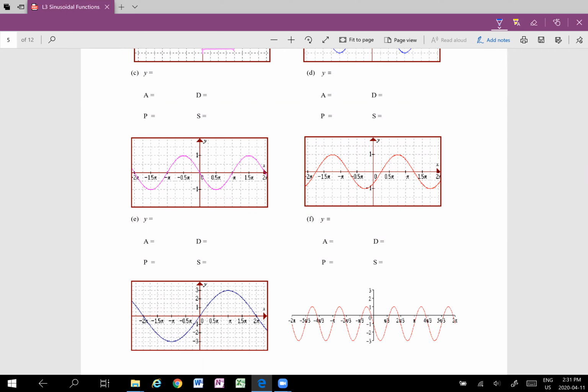The only ones that most students will find a little different are probably the phase shift and the period. But the amplitude and the equation of the axis, I think everyone's going to be all right. Watch what I'm going to do. Amplitude is probably, well, 1. Equation of the axis, still 0. That's why I put 0 there, y equals 0.